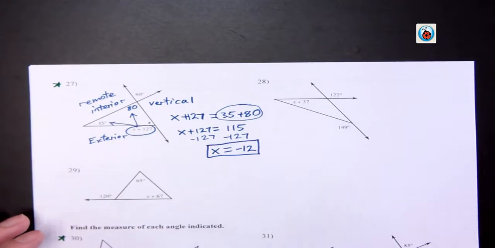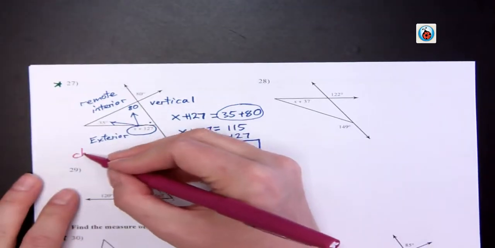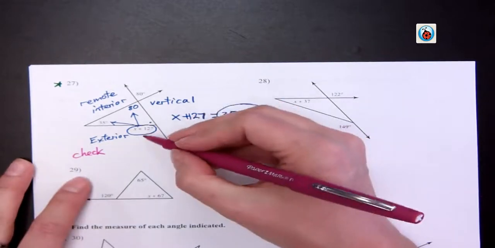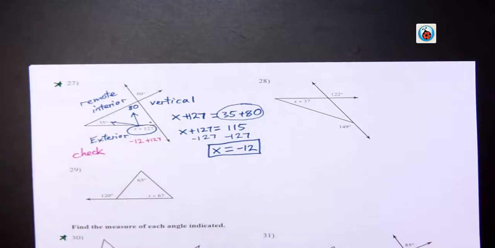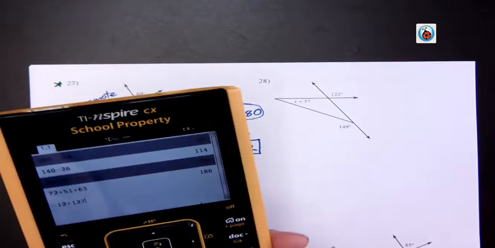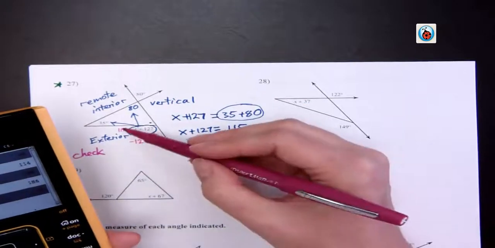If I wanted to check, which is always a good idea if you have kind of tricky problems, I would do negative 12 plus 127. And I'm going to use my calculator for this because this is a lot of math. So negative 12 plus 127 gives me this angle is 115, which is the same as those two.